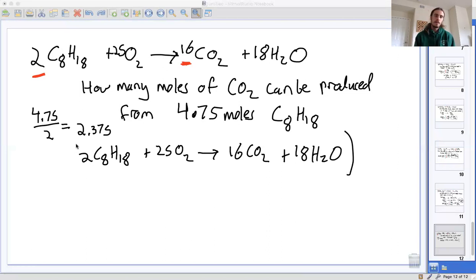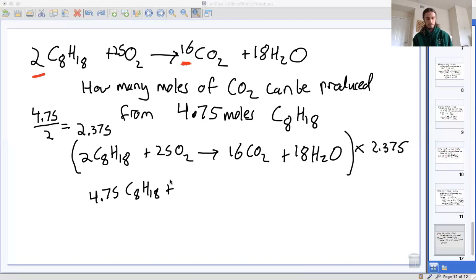All right, you're going to take the whole thing and multiply by 2.375. So that's going to give us 4.75 octanes plus, now 25 times 2.375. That's a big number. 59.375 oxygens. And then 16 times 2.375, that's 38 carbon dioxides.